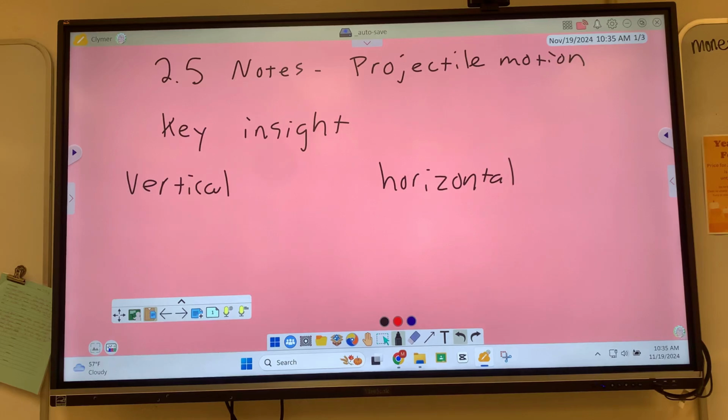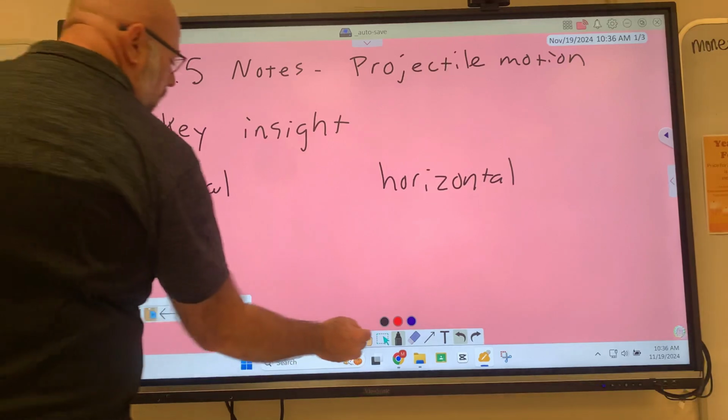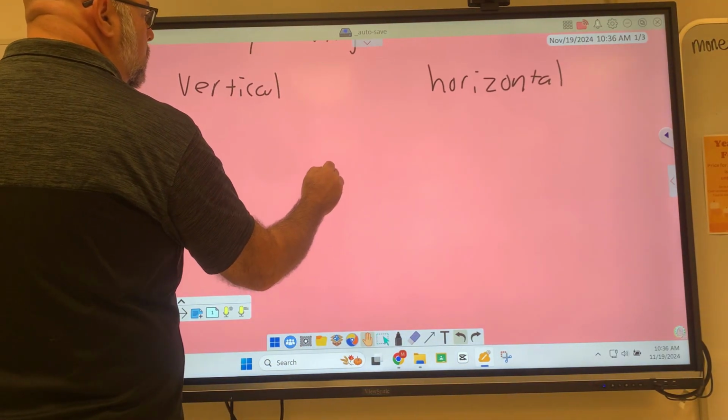The example we're going to do in a second is a motorcycle driving off a cliff. But the key here is there is a vertical component and a horizontal component. They're going to be related, but they're going to have some different rules when we get into the actual problems for them. So let's do a problem.